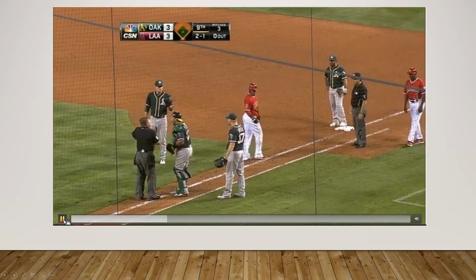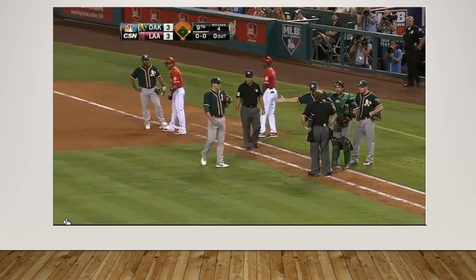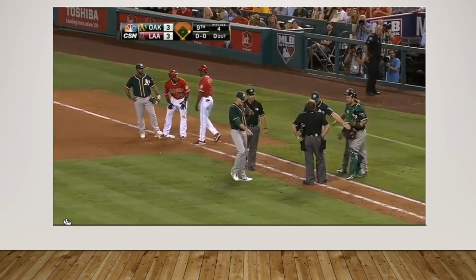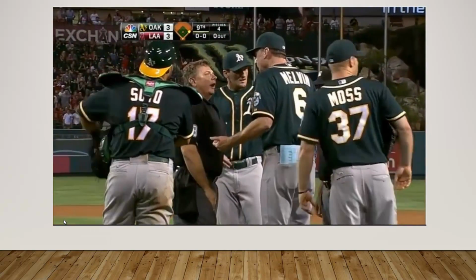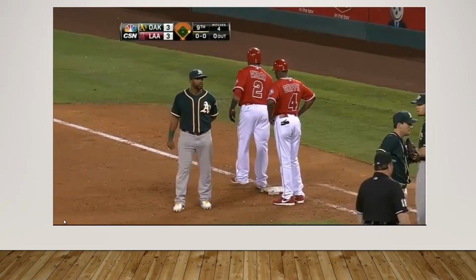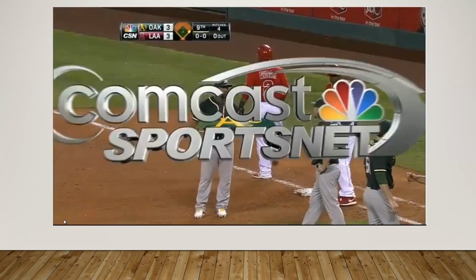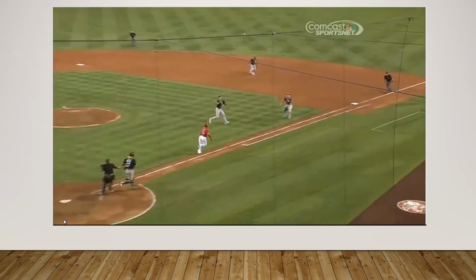And Bob Melvin storming out of the dugout. And this call has controversy written all over it. The two fielders, Moss and Otero, were right next to each other. Well, look where Ibar is.